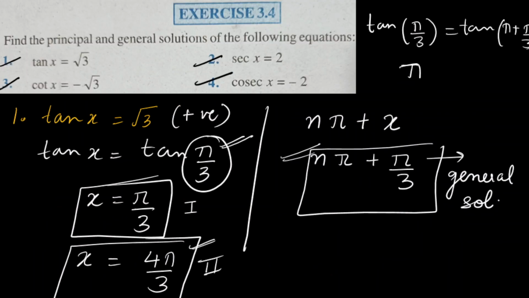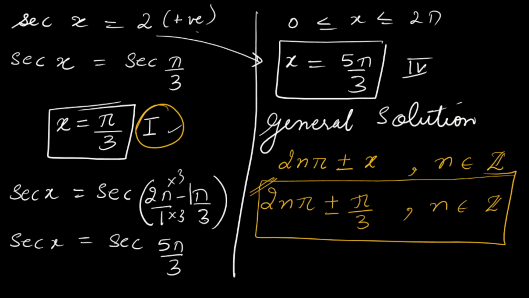You can see that of exercise 3.4 I have completed the first, second, third and fourth. In the first, I got x is equal to pi by 3 and x is equal to 4 pi by 3 as principal solutions, and the general solution is n pi plus pi by 3. In the second, x is equal to pi by 3 and 5 pi by 3 are the principal solutions, and 2n pi plus minus pi by 3 is the general solution.